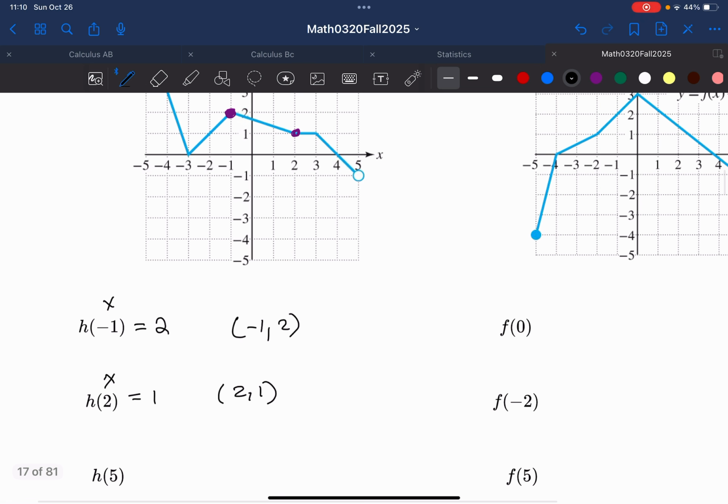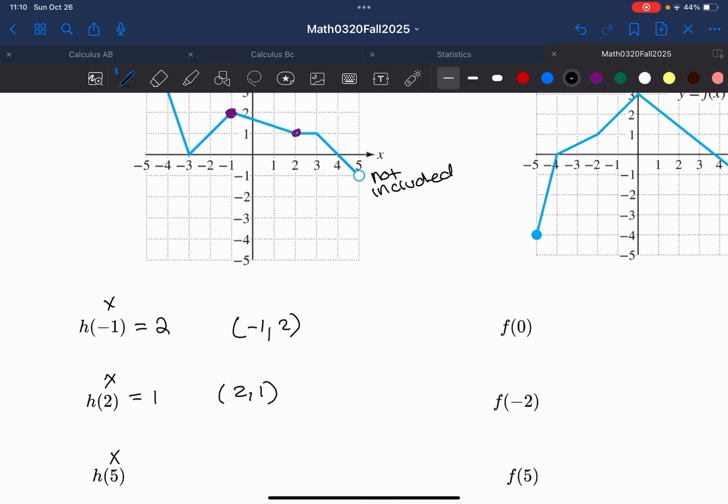Okay, then I look at when x is equal to 5. Here is when x is equal to 5. I need to go down to meet that graph. But notice when I go down to meet that graph, I'm met with an open circle. Remember that these open circles mean not included.